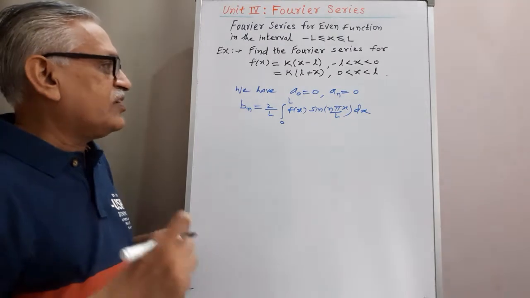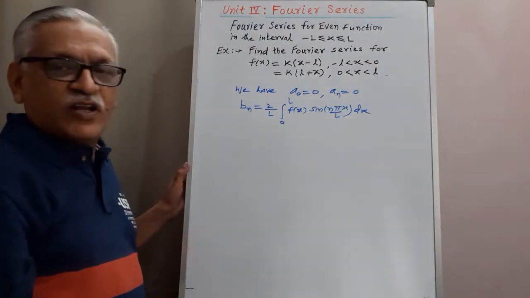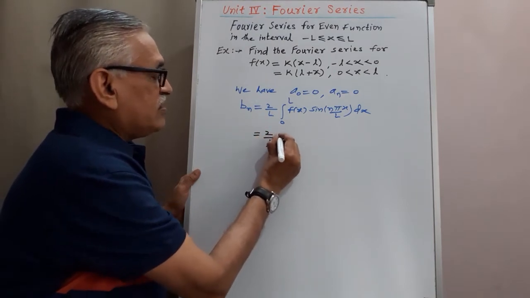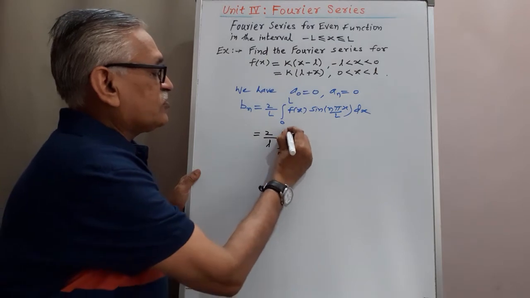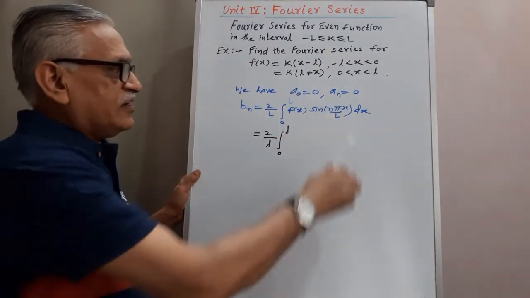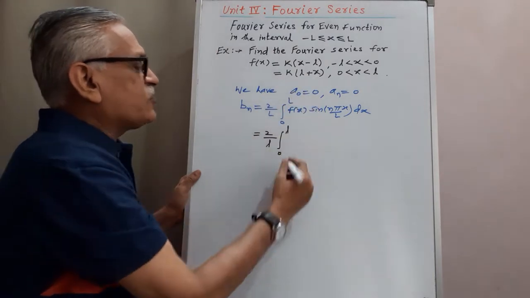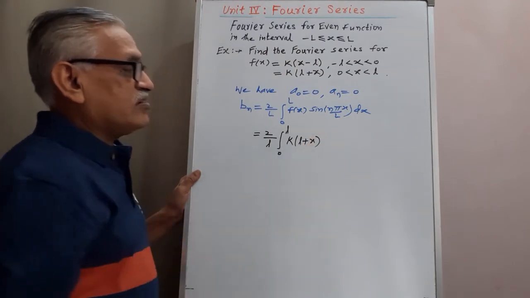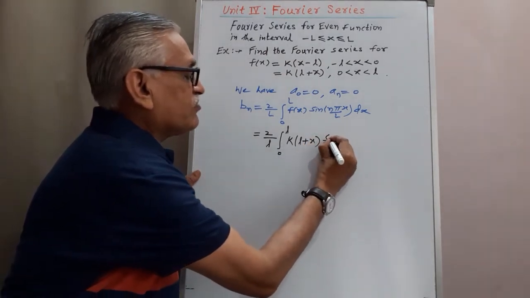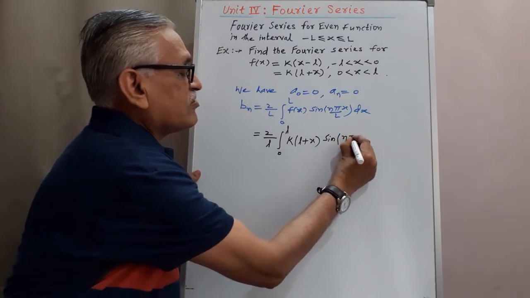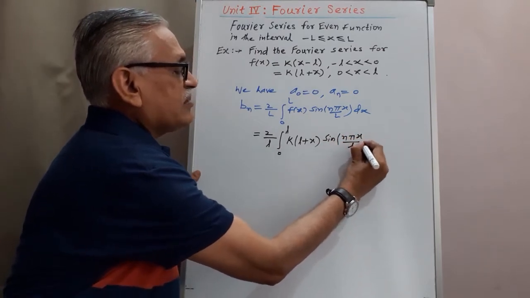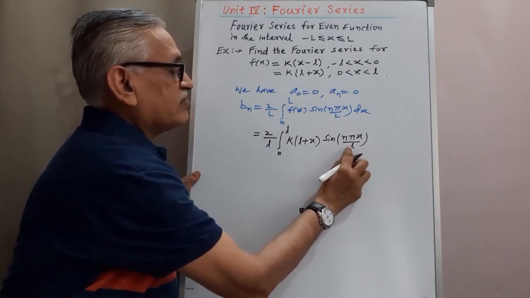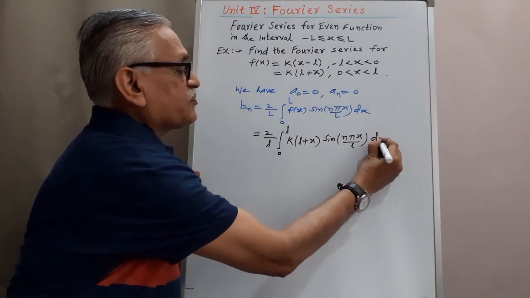Then substituting the values, the value of L is small l, and therefore bn is 2/l times the integration from 0 to l of f(x). In the range 0 to L, the function value is k(L + x), multiplied by sin(nπx/L), and its integration with respect to x.